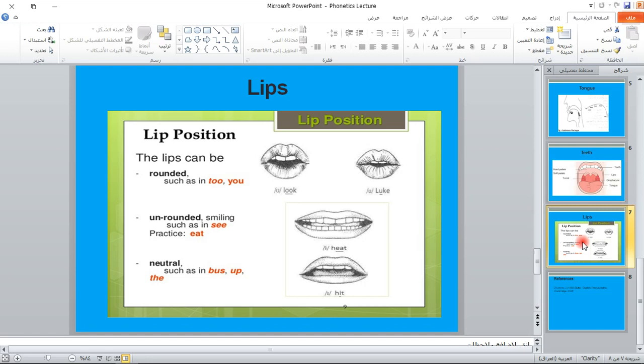Fifth, open rounded position, for example when producing O. The last position, close rounded, as in oo.